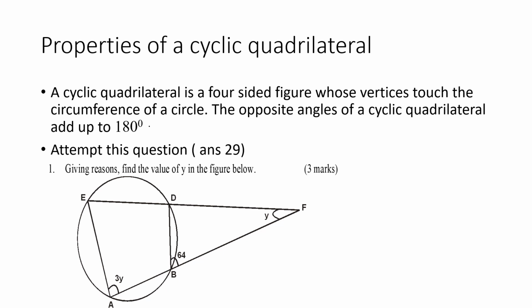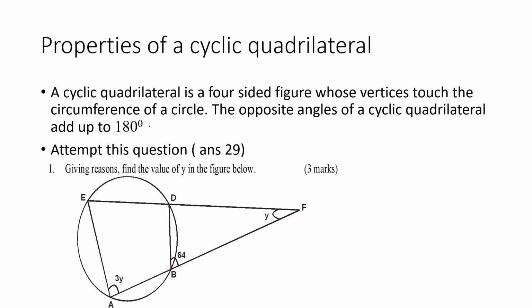EDF is a straight line. So meaning angle EDB and BDF will give you 180. So if angle EDB is 180 minus 3y, then the angle on the other side of a straight line will basically be 3y. Because 180 minus 3y plus 3y, you will get 180, angles on a straight line. That means this angle here, angle BDF, is 3y.